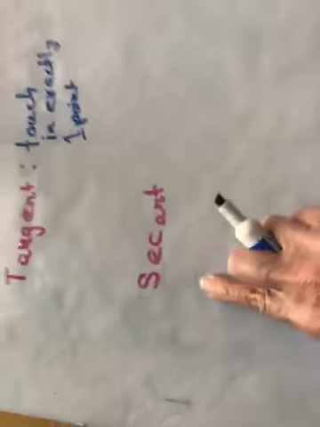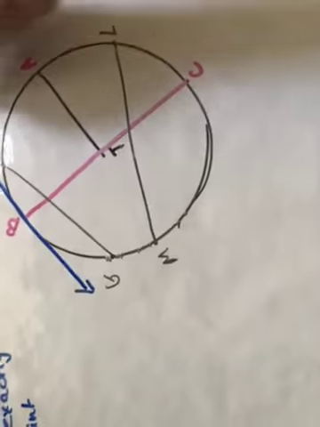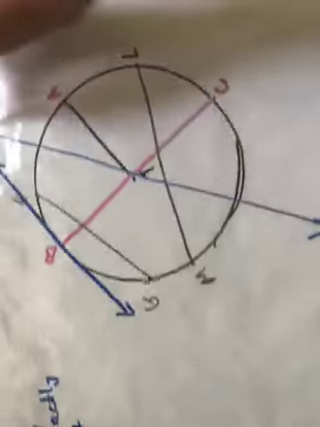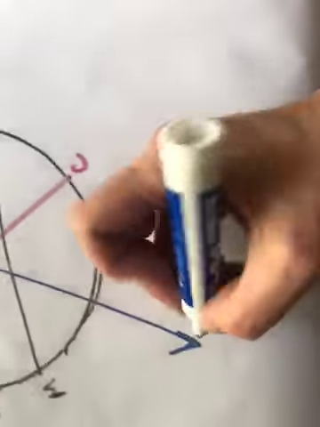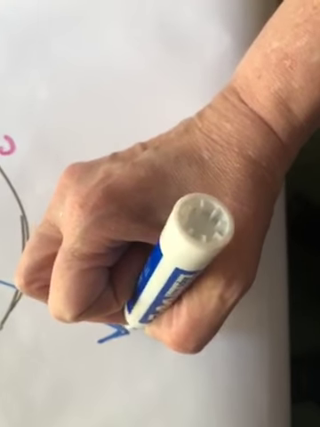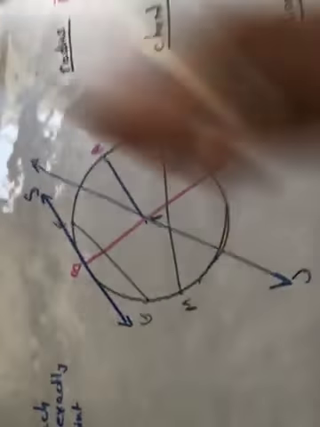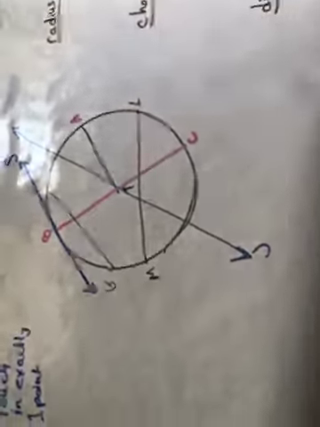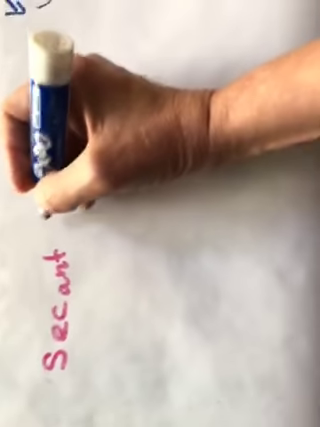Secants cut through, they're a line that passes through the circle. So here in this blue line, I have S up above, I'll call it line J. Okay, line J is a secant. It cuts the circle into 2 pieces, or intersects the circle in 2 places.